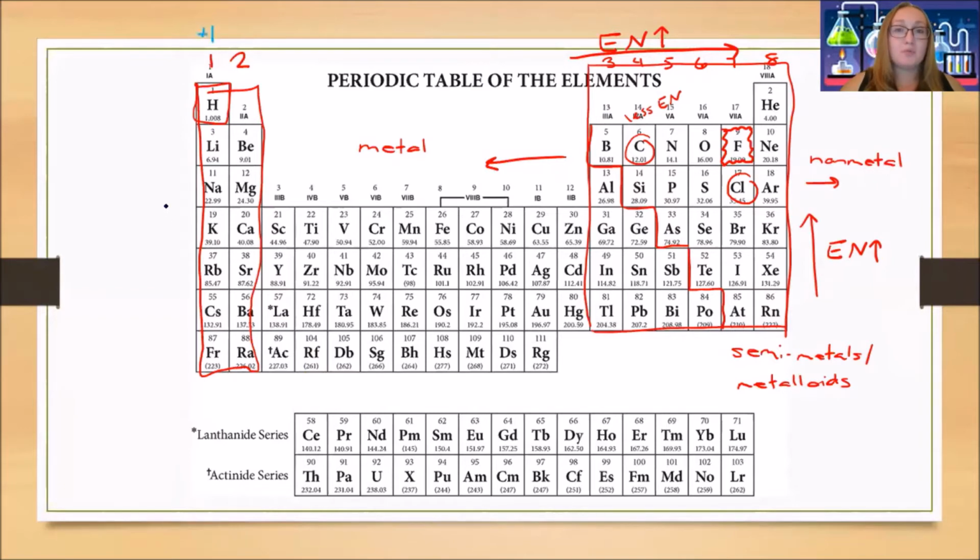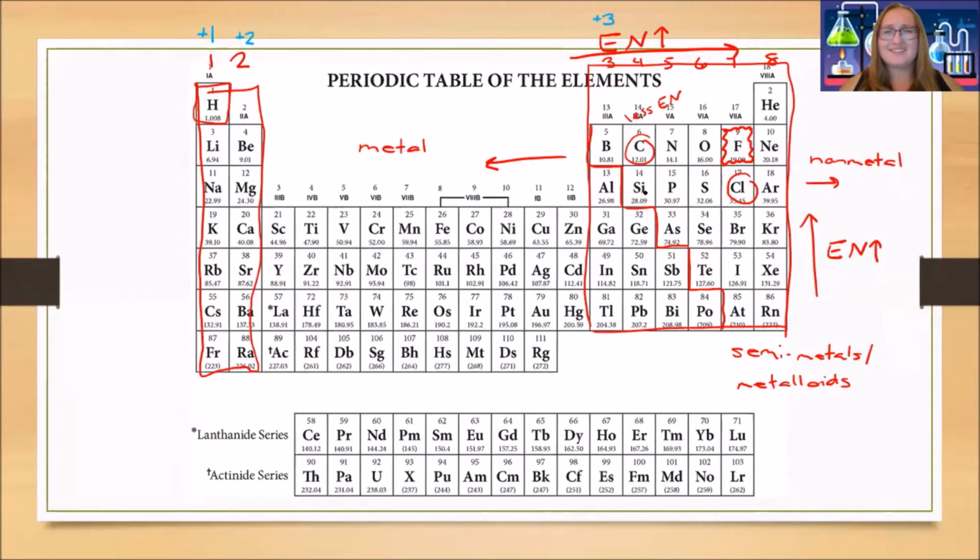All the elements in group 1 form cations with a positive 1 charge. All the elements in group 2 form cations with a plus 2 charge. All the elements in group 3 form cations with a plus 3 charge.